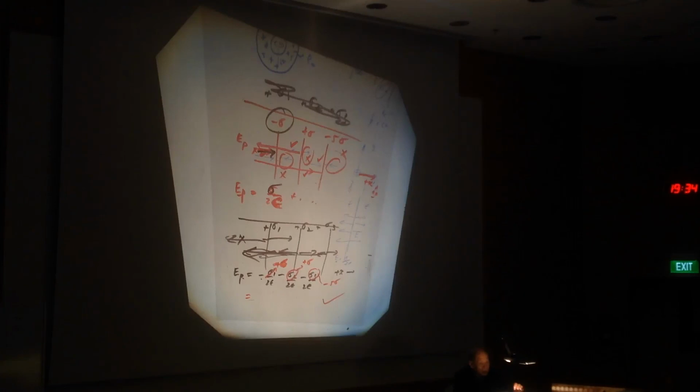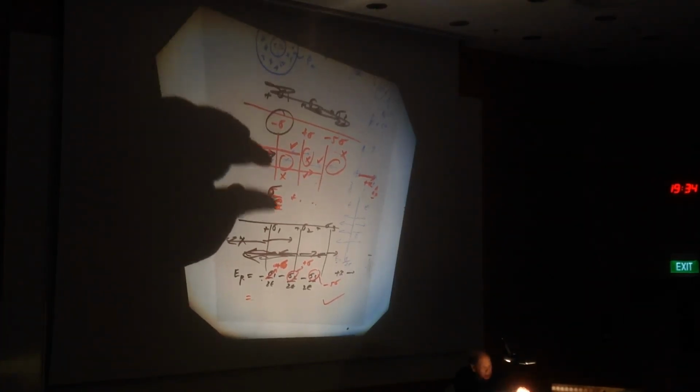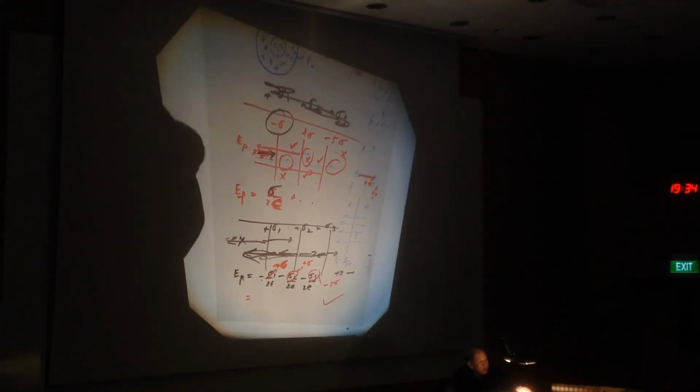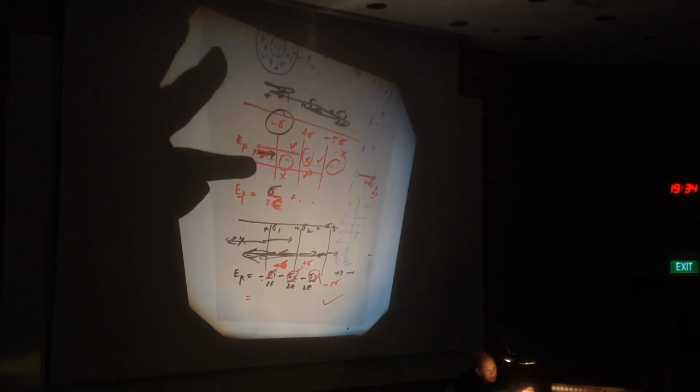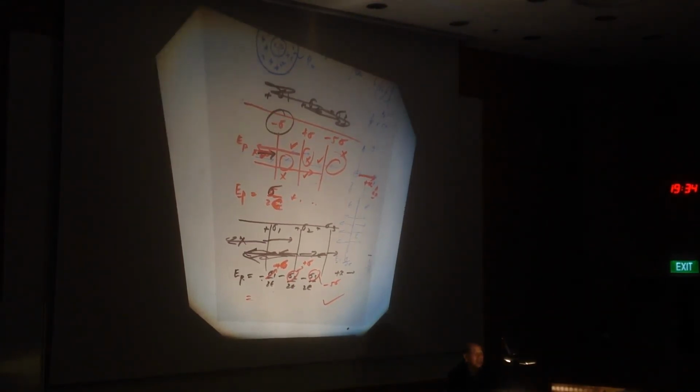If you put the field as minus sigma over epsilon with the negative, you are double counting, because by drawing the electric field this way into the negative charge, you are automatically saying that it is minus sigma. I hope you understand it. If you catch this point, you can try and convince yourself.